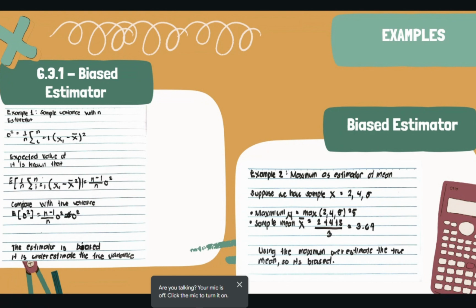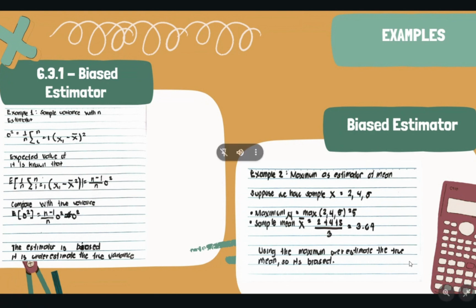As you can see, 3.67 is far from the maximum. They are different. Using the maximum overestimates the true mean, so it is biased. Next slide, please.